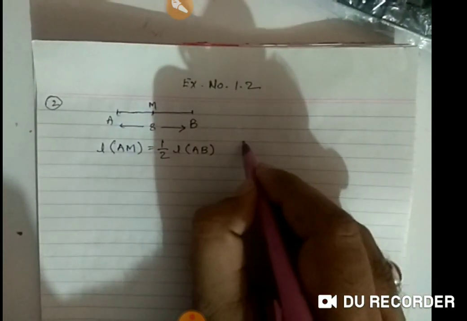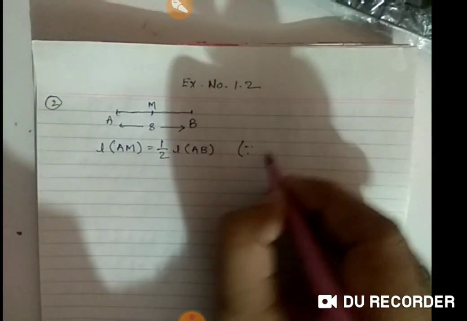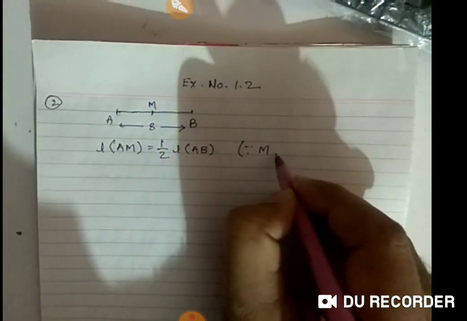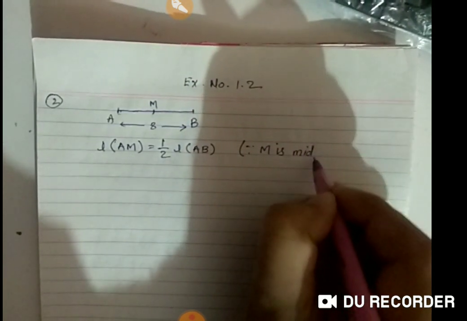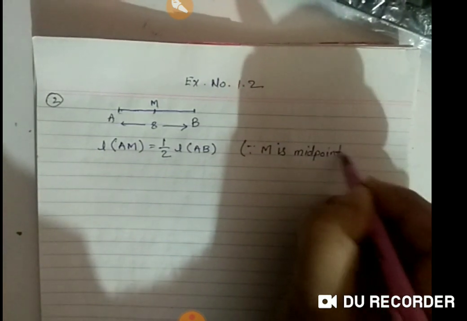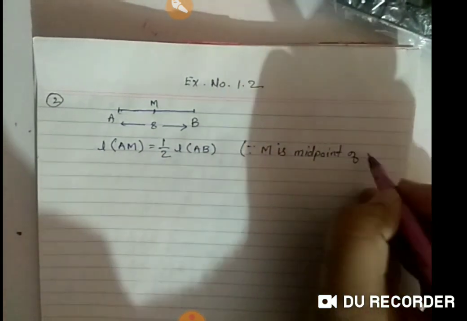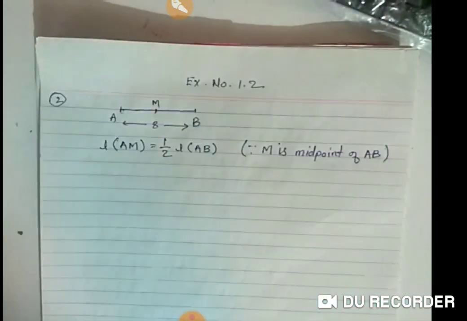Why we are saying this? You need to mention because M is midpoint of AB, right?